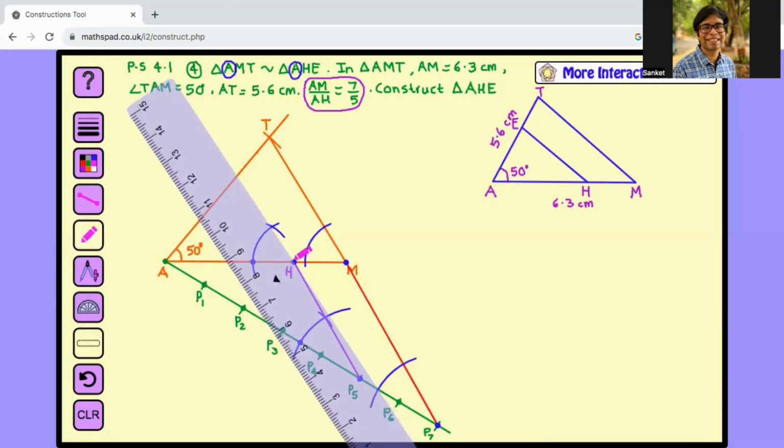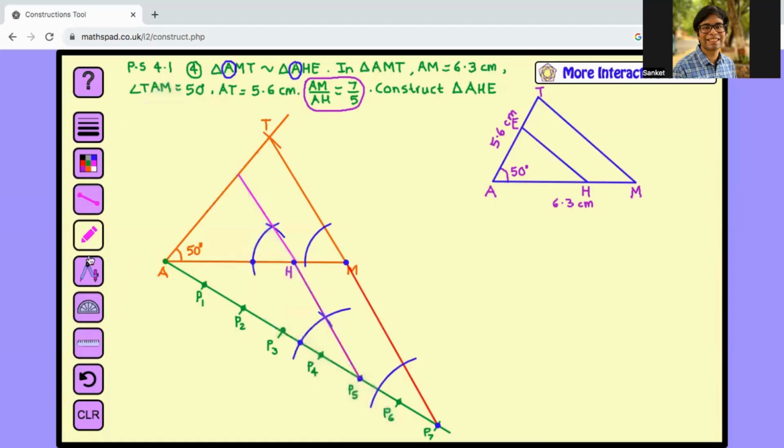So let's join point H and this point. You can see that once I've joined, this line is exactly parallel to line TM. I'm going to keep my scale away and I'm going to label this point as E. So you can see that I've made this smaller triangle AHE now, which is similar to the bigger triangle. And my construction is done.